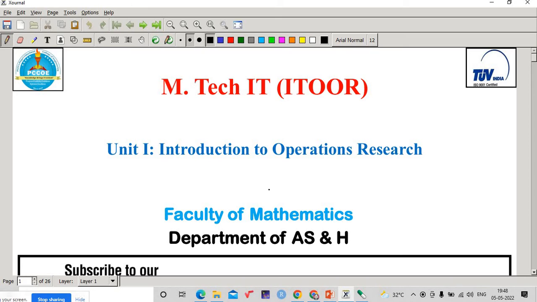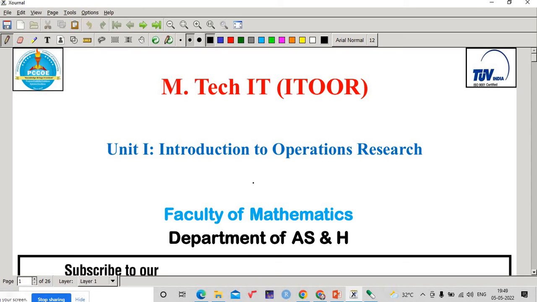Okay, so coming to the part of our syllabus now, let us start with the first unit obviously, which is an introduction to operation research. This particular lecture and the next lecture will be a bit theoretical, because we are trying to understand what operations research is, what models and modeling are included in it, what the advantages and disadvantages of operation research are, what the different approaches are, and what different criteria or classifications are included in operation research.